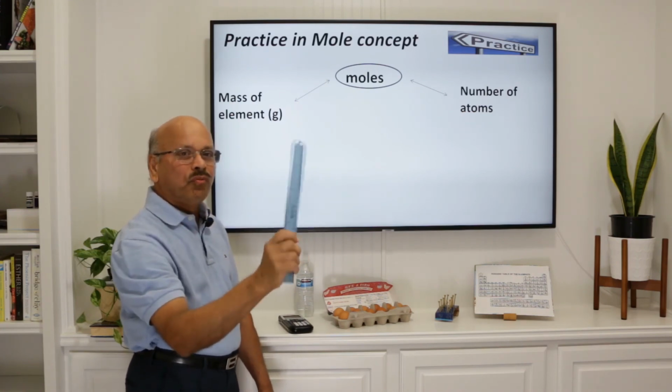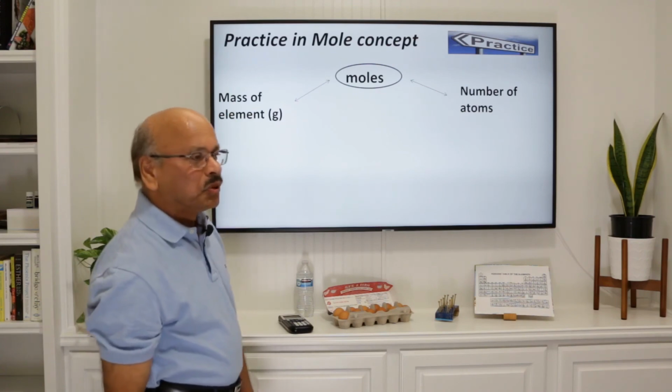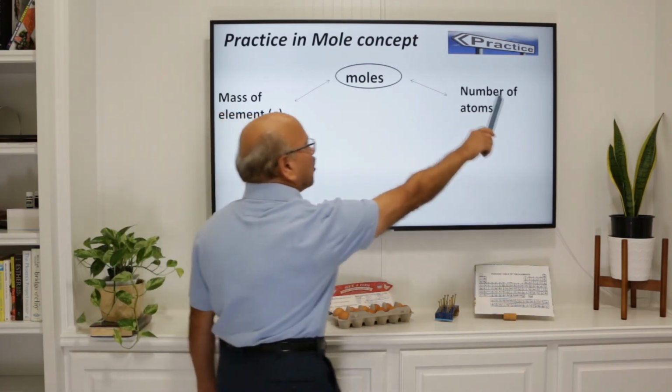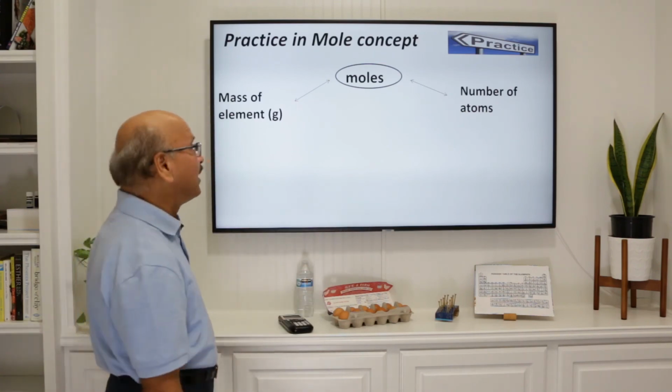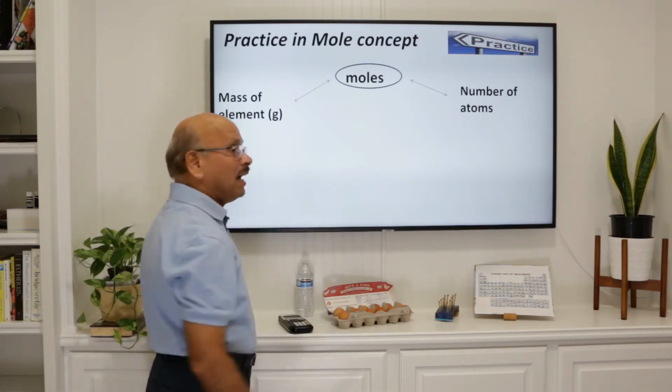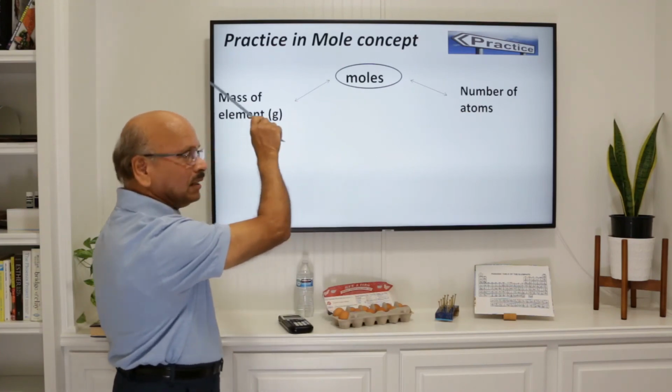A coin has 2 faces. Just like that, a mole has 2 things associated with it. A mole has the number of atoms or molecules, depending upon whatever you are taking. And then a mole has the mass of the element or the compound. So you got a number and the mass.